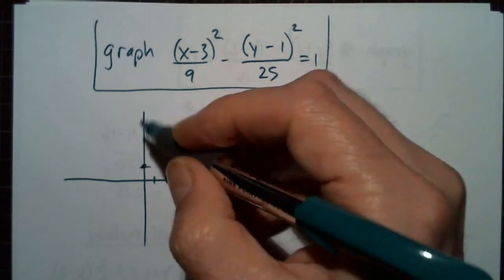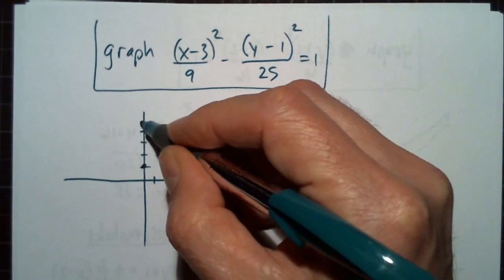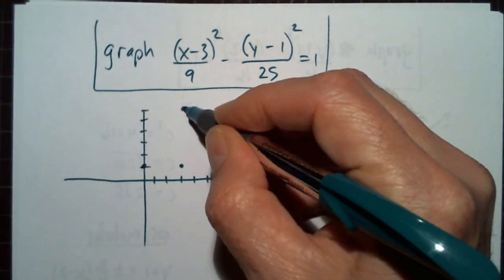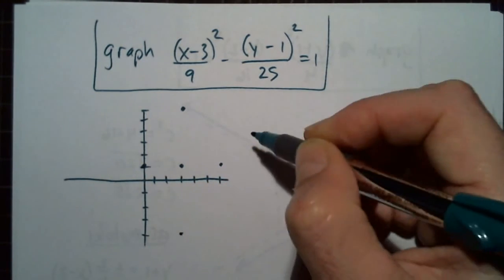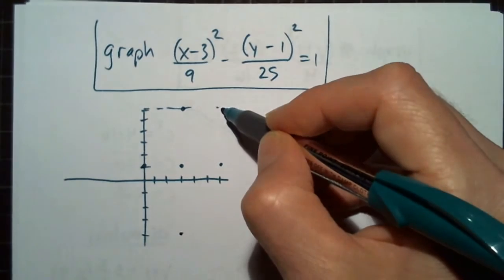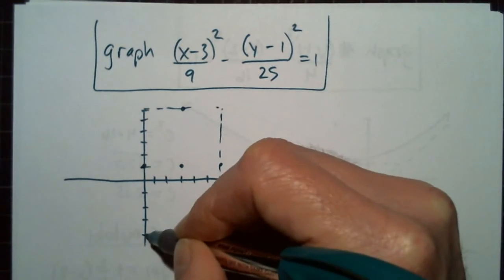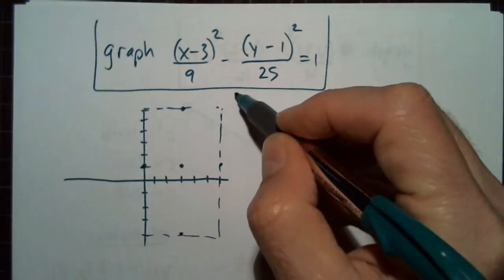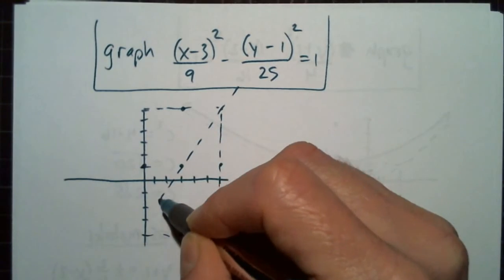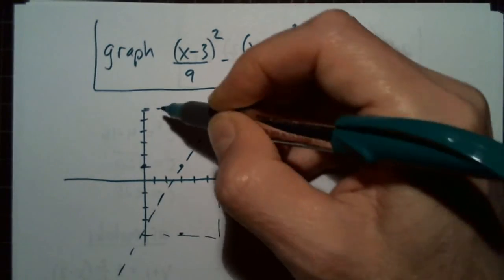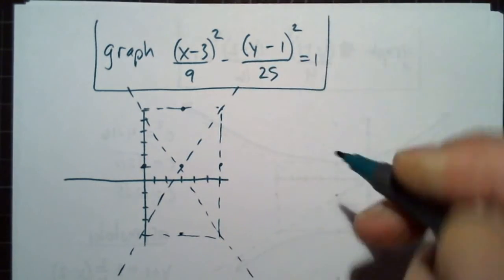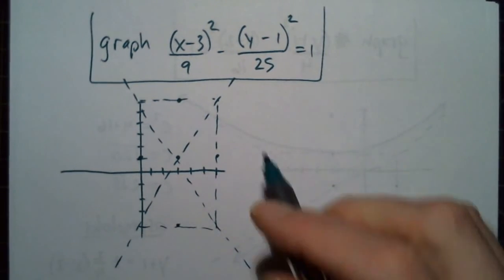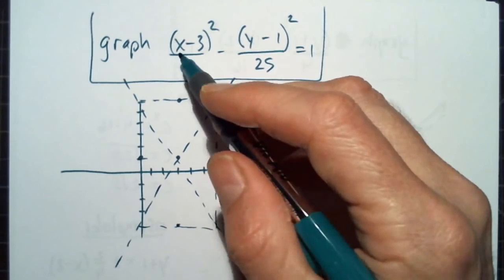We're going to move vertically 5. And it opens horizontally because X is first.